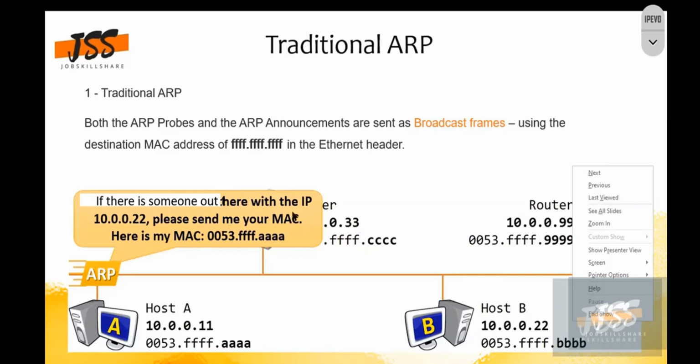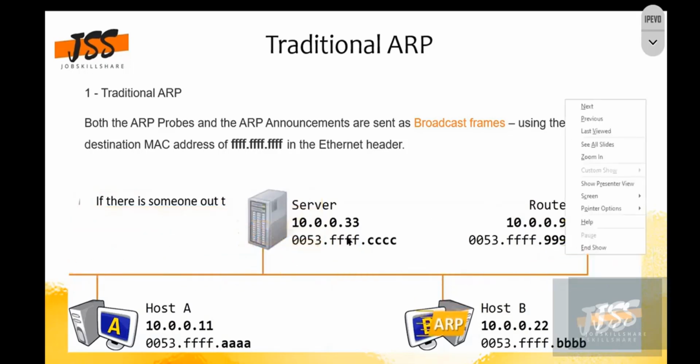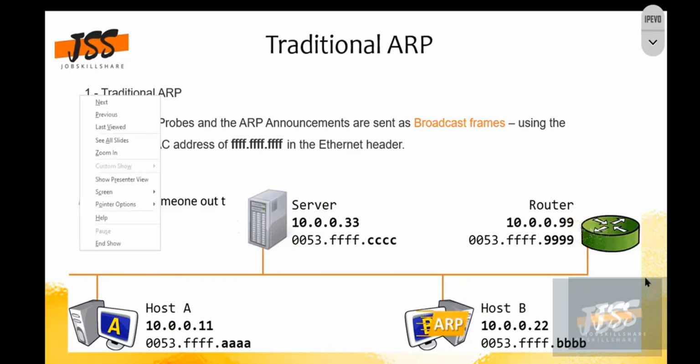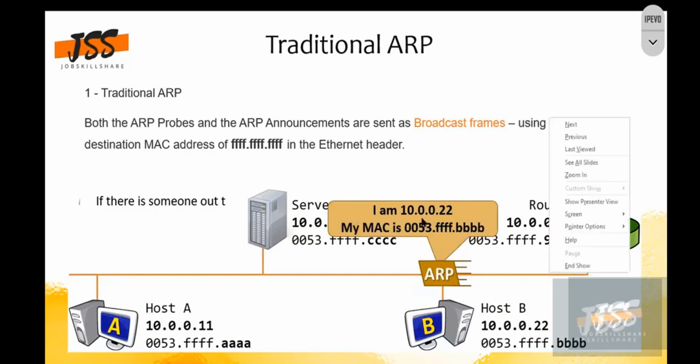Here is my MAC. So it will flood everywhere, to the server, to host B, even this router as well. But these two will discard it, because as you can see, I'm looking for 10.0.0.22, not 33, not 99. So this one will receive it and now it is going to reply back. It is saying, I am 10.0.0.22 and this is my MAC address.